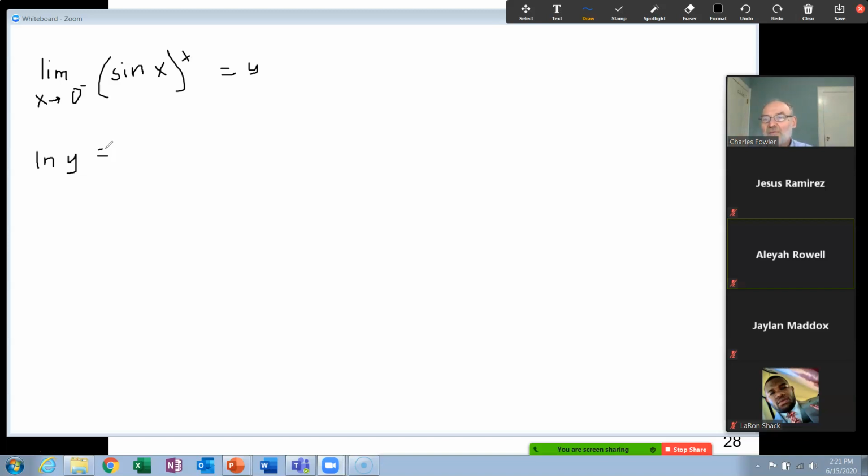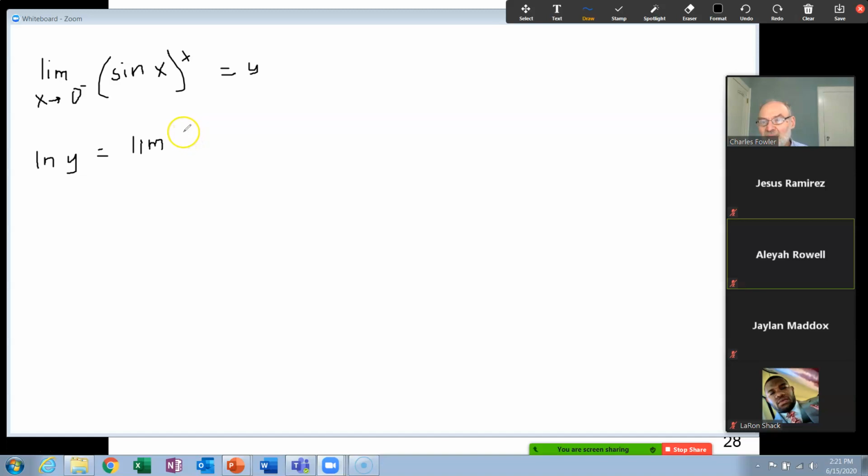So we're going to reverse the limit and the log. Rather than the log of the limit, I'm going to do the limit of the log. That saves me one time of having to write this. And x is going to 0 from the left-hand side here too.